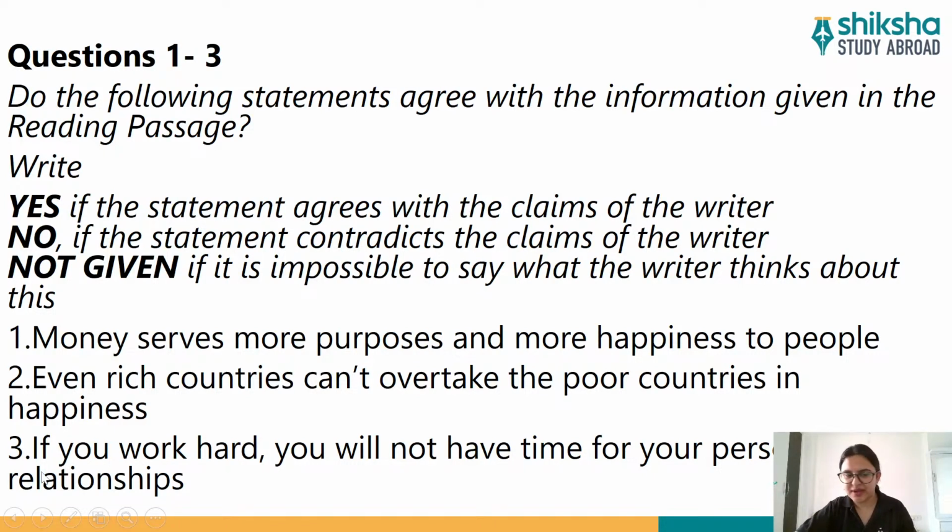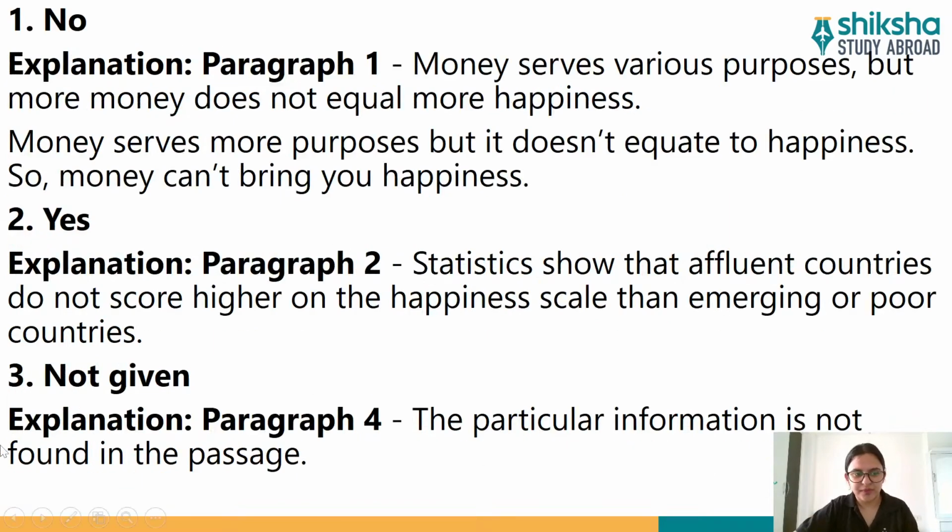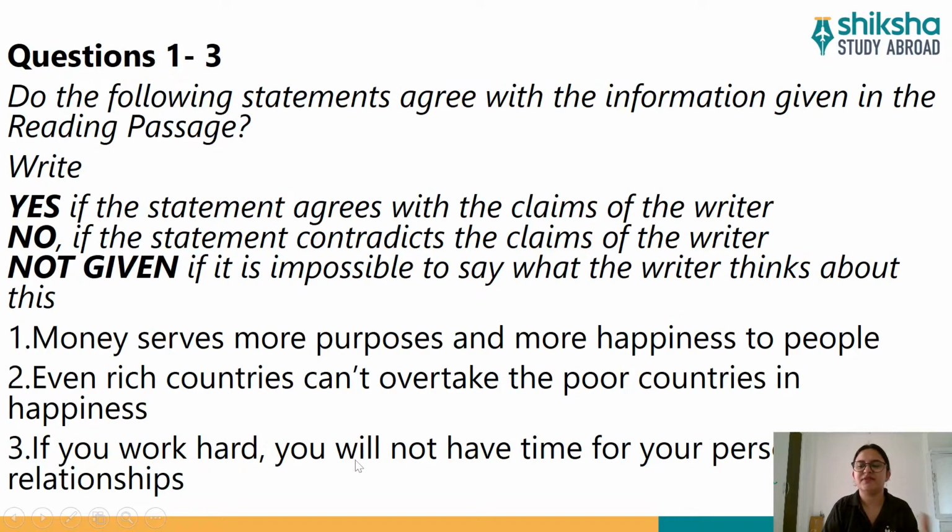Let's see the third one, the last one as well, for yes, no, not given. If you work hard, you will not have time for your personal relationships. This is being said for the question. Let's see what the author said in the passage. So, not given is the answer for this. Why? The explanation, paragraph 4: the particular information is not found in the passage. Hence, the answer is not given.